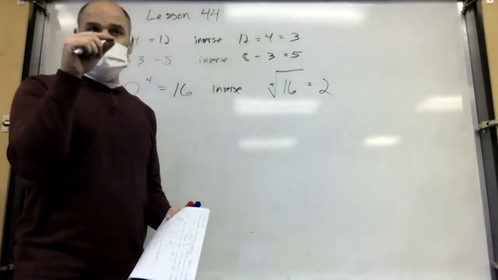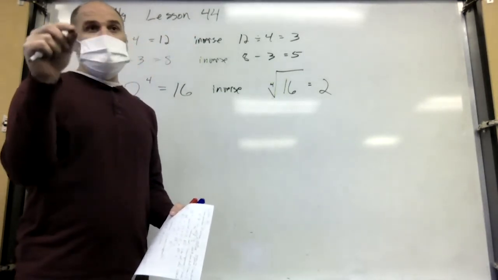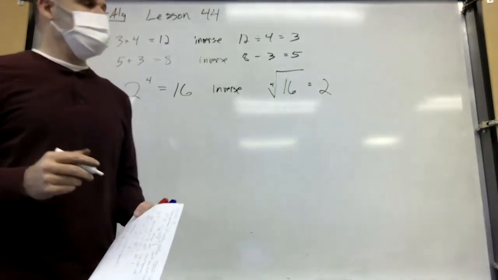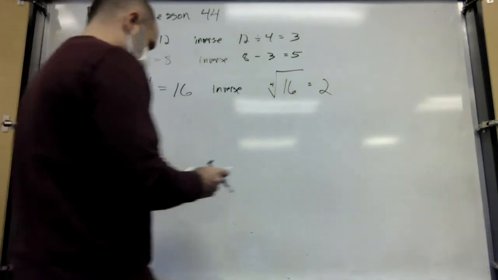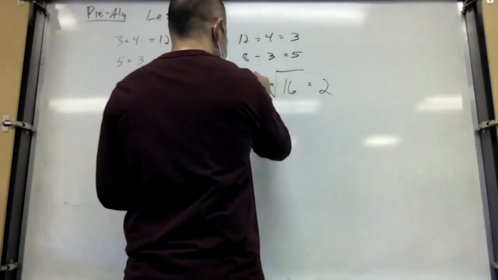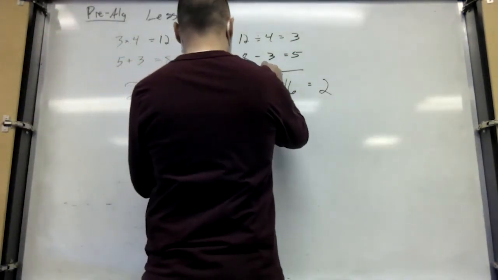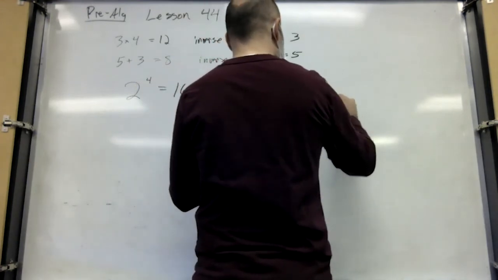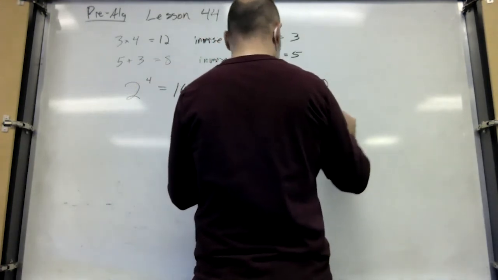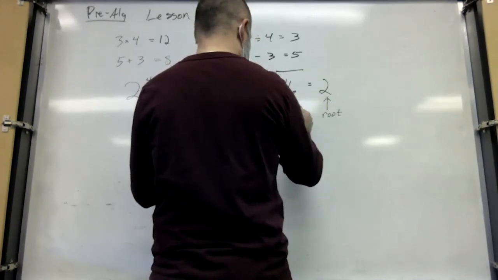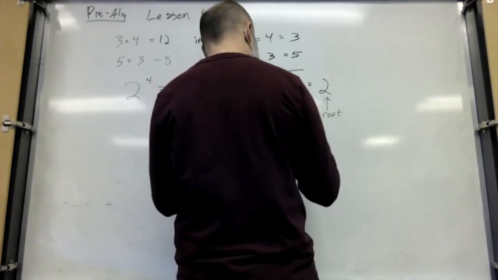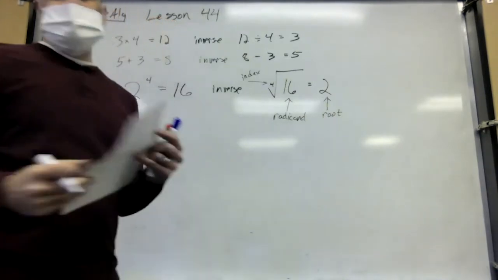Because 2 times 2 is 4, times another 2 times 2 is 16. Okay, so these are inverse operations. This guy is called the index. The answer is called the root. And then this is called the radicand. Not the radicant. Called the radicand.